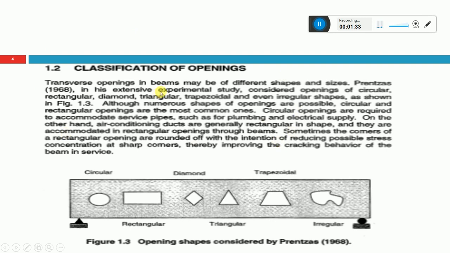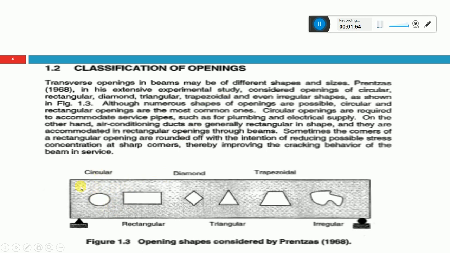Next we are going to see the classification of openings. You can see that there are circular, rectangular, diamond, triangle, trapezoid, and irregular openings. These are the openings which will come on the beams and into the beams.